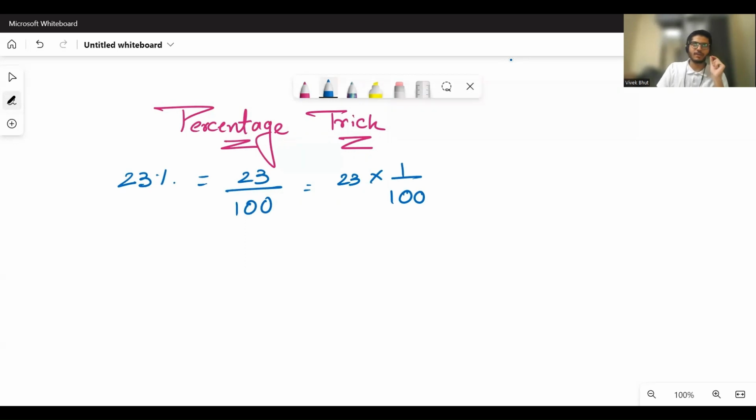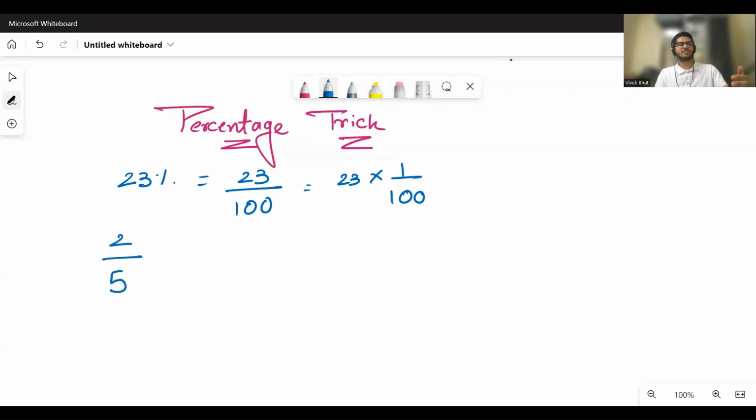And now, if you can recollect, we know how to convert from percentage to fraction and fraction to percentage. What I have done here is to write a number from percentage to fraction, because in 23%, the number on the LHS is in percentage and the number on the RHS is in fraction. Now, on the other hand, if you have a number in the form of a fraction, then you can convert that into a percentage by just multiplying by 100.